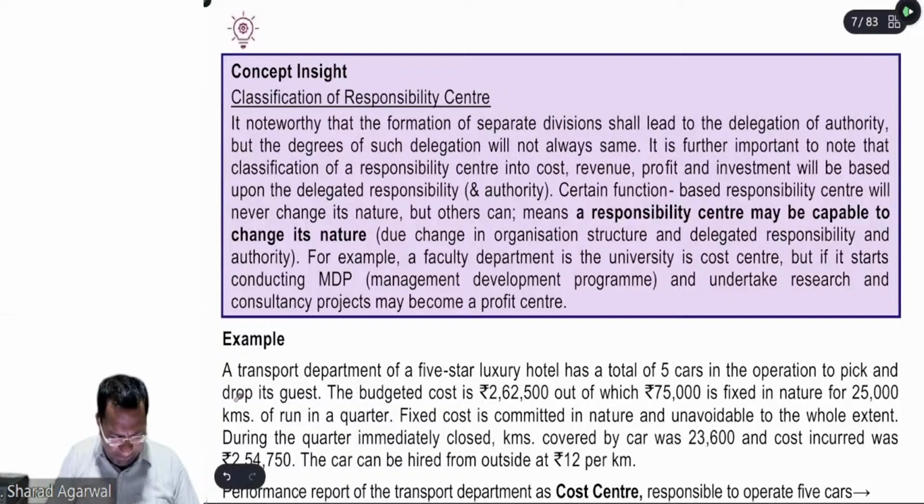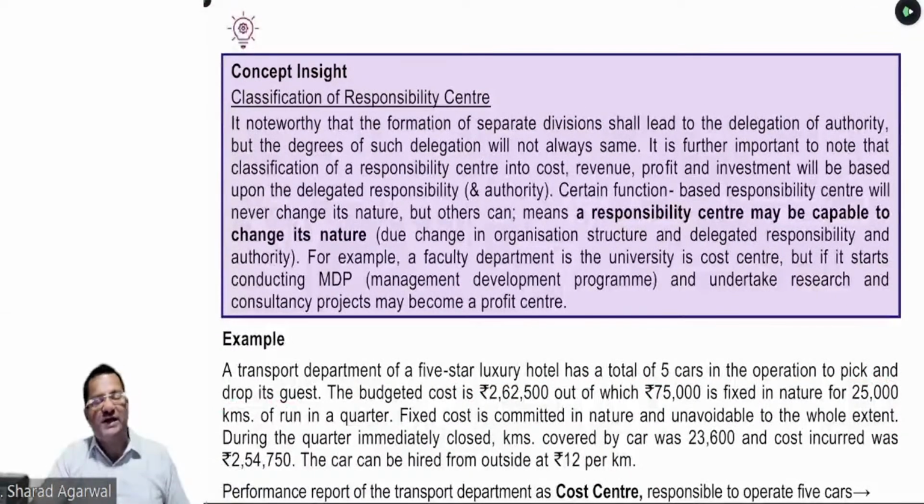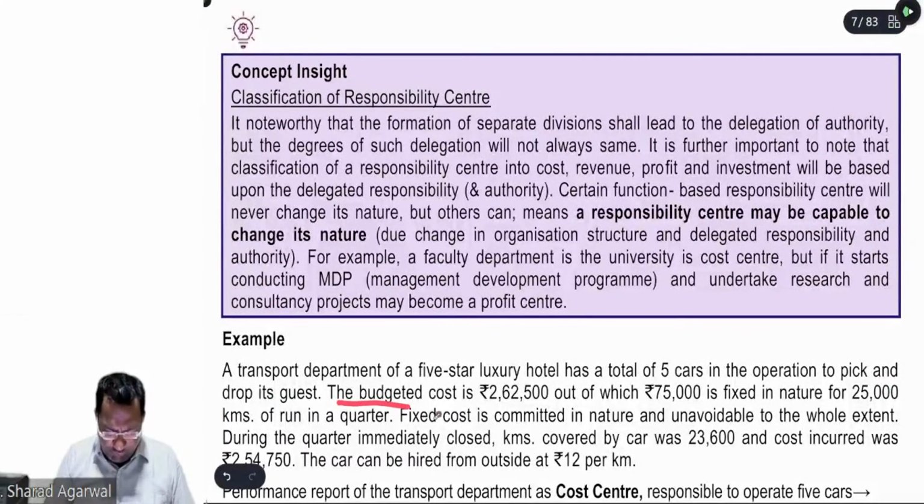A transport department of a 5-star luxury hotel has a total of 5 cars in operation to pick up and drop its guests. So the client is a 5-star luxury hotel. उसका एक department है transport department. Transport department is having 5 cars for pick up and drop of its guests. The budgeted cost is 2,62,500, out of which 75,000 is fixed in nature for 25,000 kilometers of run in a quarter.